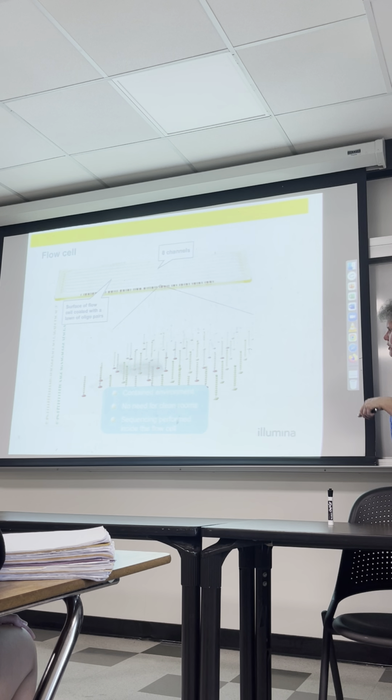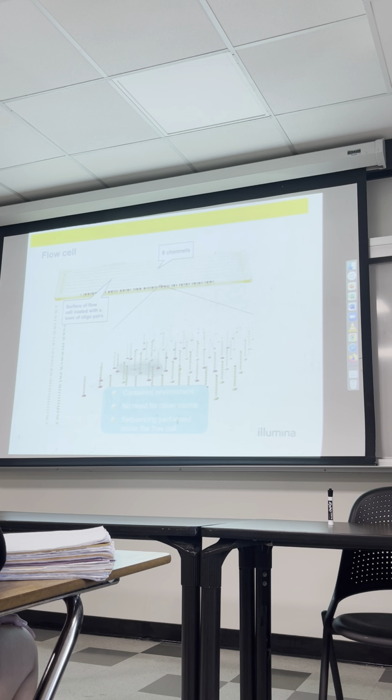And the oligonucleotides have a specific sequence designed to bind to the little adapters that you've now put on the ends of your piece of DNA that you want to get sequenced. And there are two sets of little adapters, one for the forward strand and one for the reverse strand, because DNA is double-stranded, so you want something that's going to bind to both strands of your DNA.